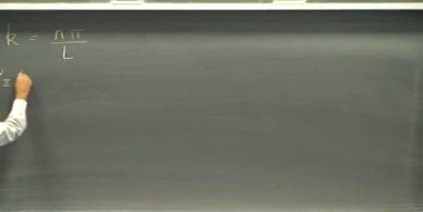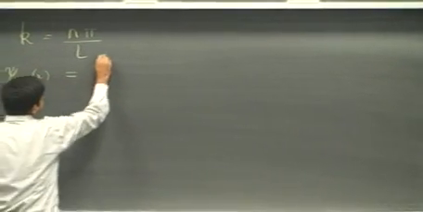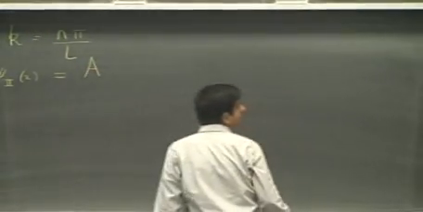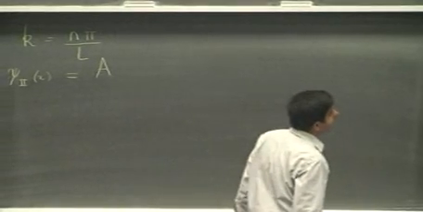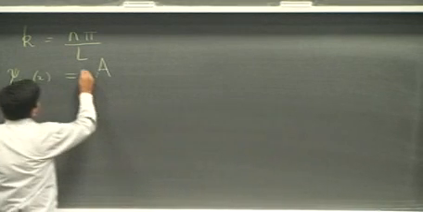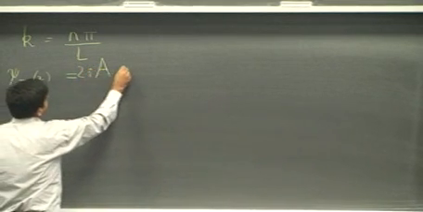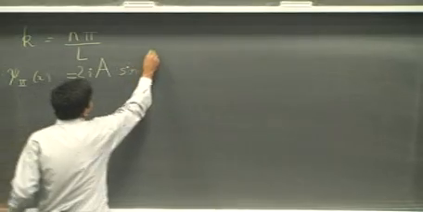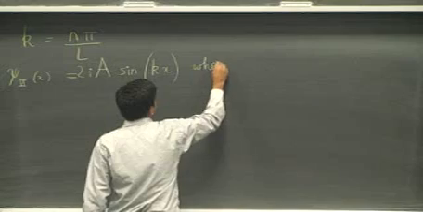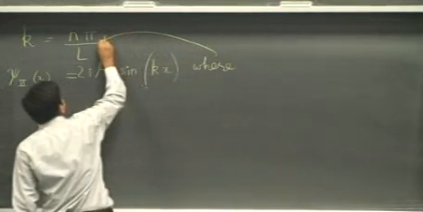So now the wave function in region 2 is given by A times 2 iota sine of kx, where k is constrained by this relationship.